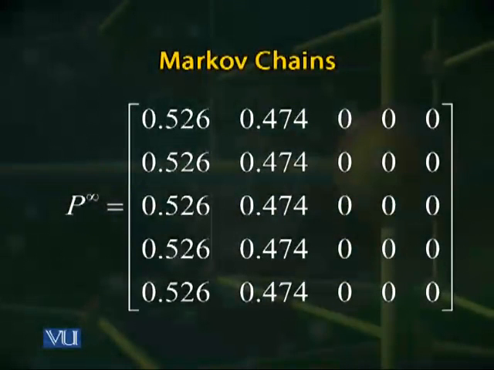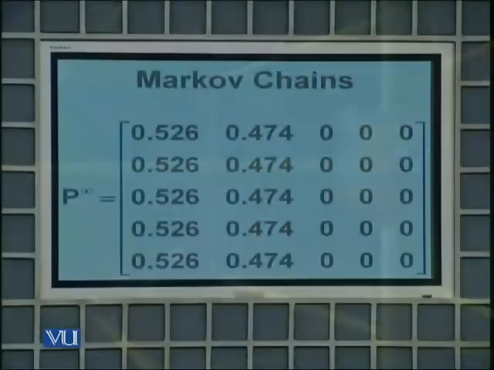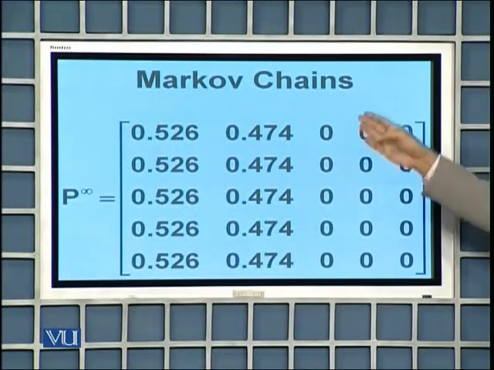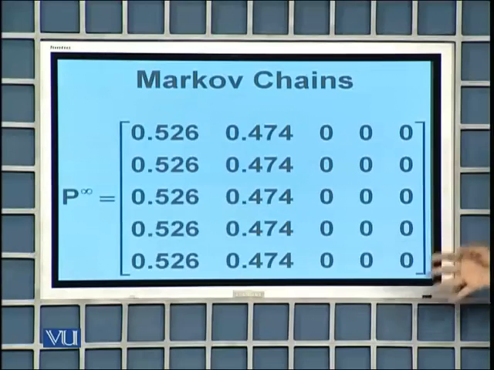Let's look at the long-term n-step transition probability matrix. For this Markov chain, the long-term n-step transition probability matrix converges to this matrix, which has the rightmost 3 columns with all entries being 0.